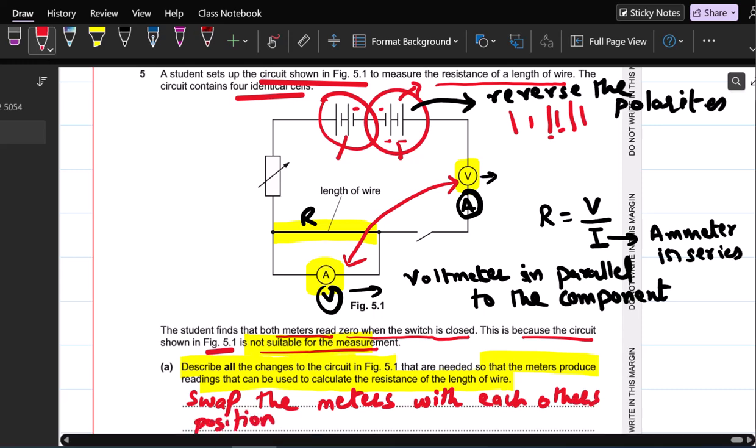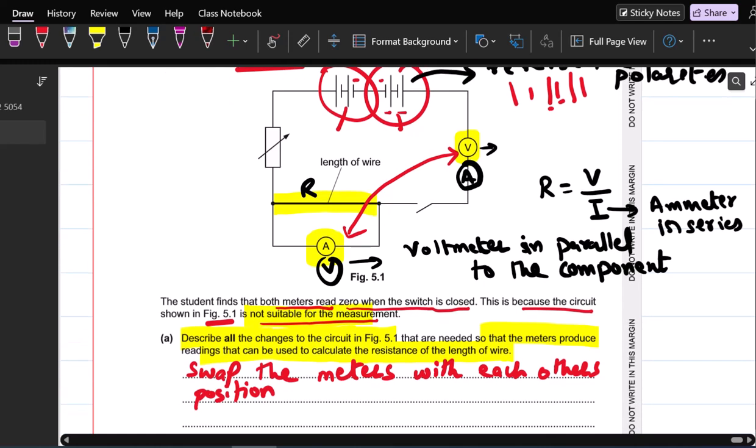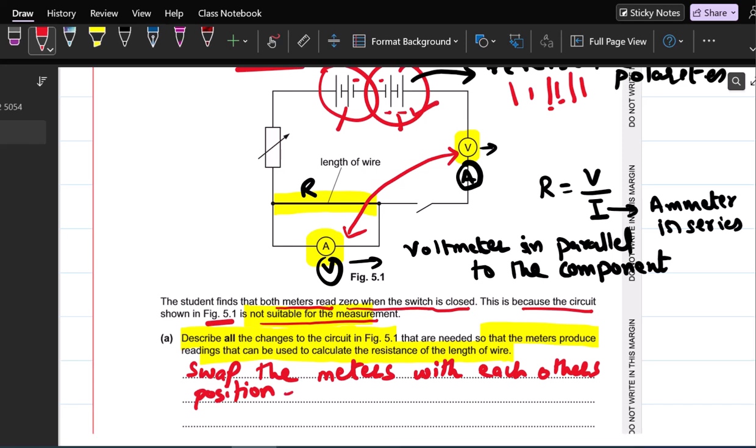One thing. Second is you have to change the polarities. So either you have to change the polarities of this or the cells connected here. So it is better to change this because here we have a variable component, variable resistor.